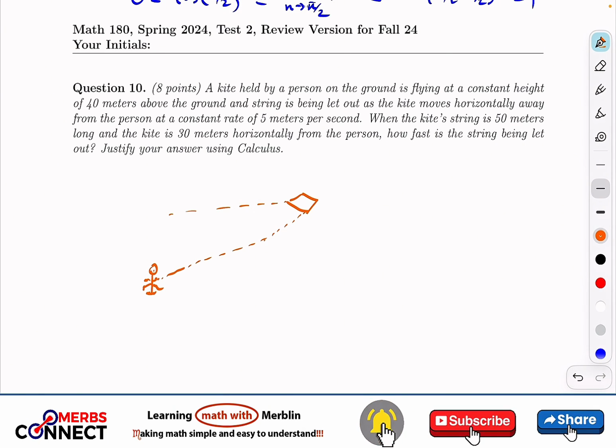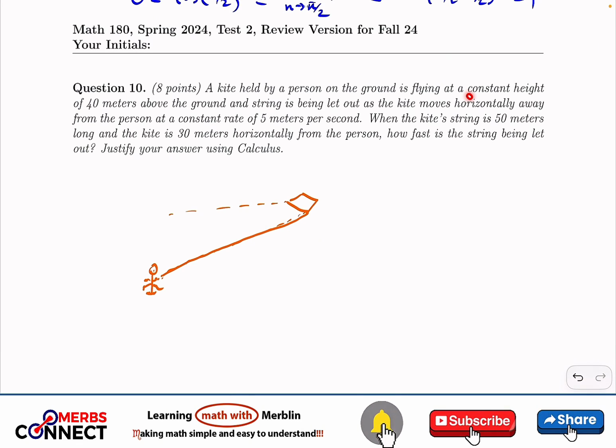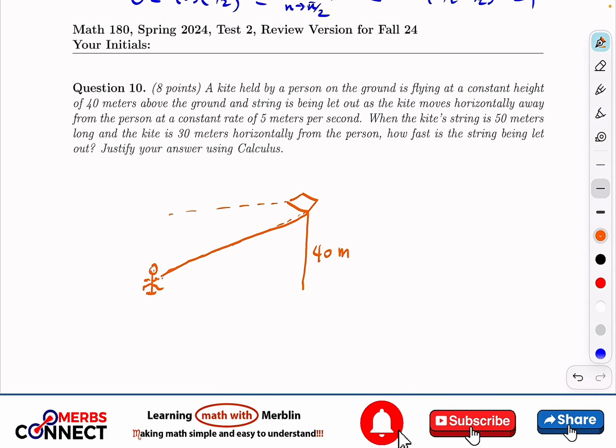I'm holding the string, and the question says the kite is moving at a constant height of 10 meters above the ground. So from the kite to the ground is 10 meters.